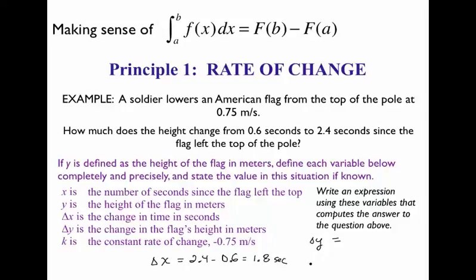Okay, and then multiply that by the rate of change, which is negative 0.75. So you're going to multiply these together and get negative 1.35 meters. So it sounds like you're doing k delta x. Is that right? Yes.